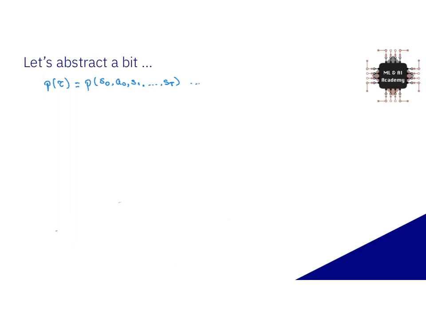The chain rule says that if you have two random events, A and B, and you are interested in writing the joint P of A intersection B, we can write this as P of B given A times P of A. So the joint distribution over A and B can be written as the product of the conditional distribution of B given A times P of A.